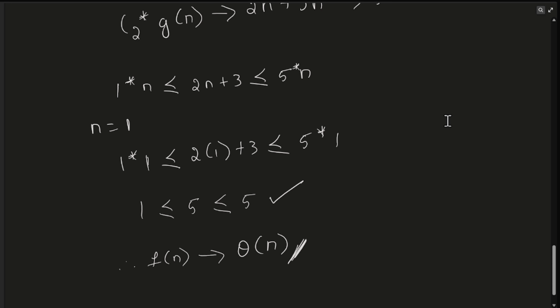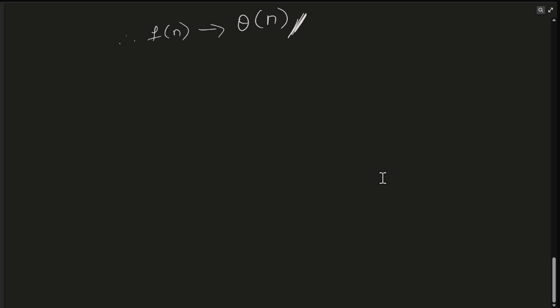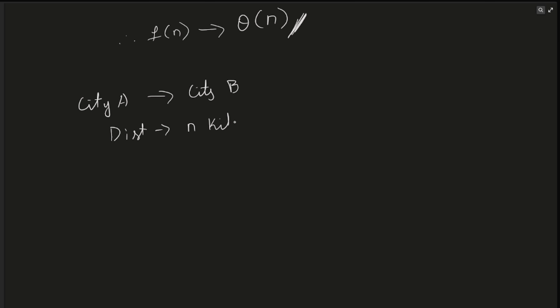Let us consider some real world scenario and understand this theta notation. Let's take you drive a car from city A to city B, and the distance between A and B is n kilometers, and you always maintain a constant speed.